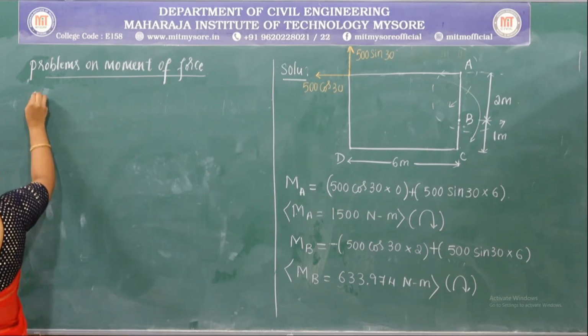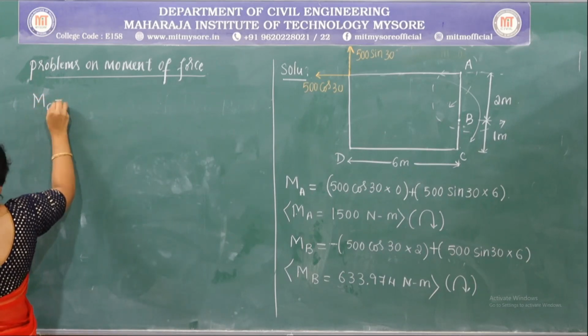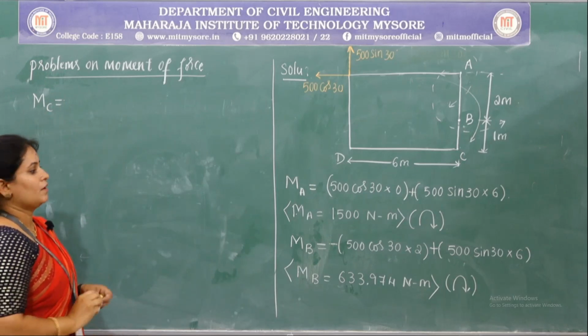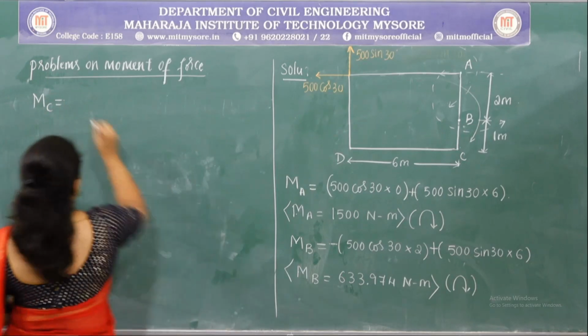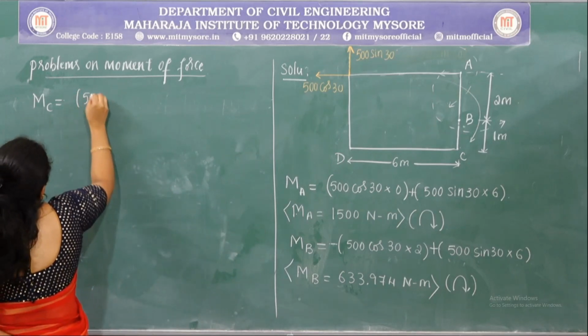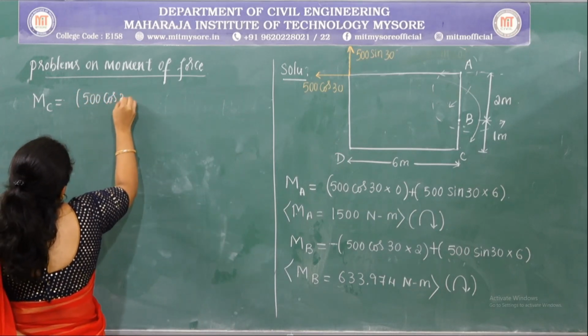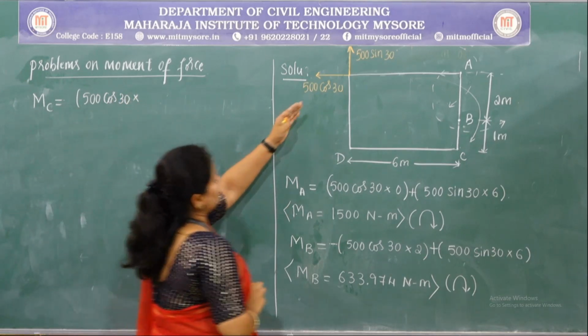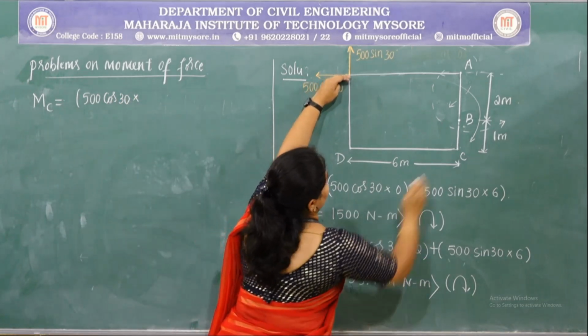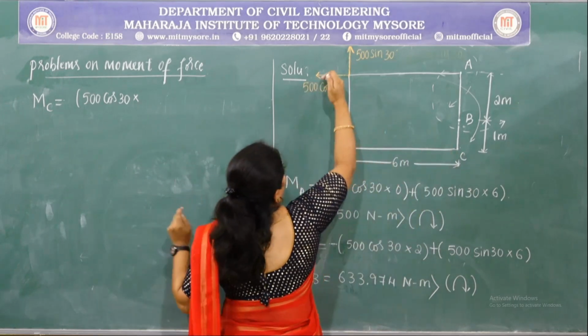Now we shall consider the moment about point C. Consider the x component of the force. The magnitude is 500 cos 30 multiplied by the perpendicular distance between the line of action of the force and the point. Here is the force.